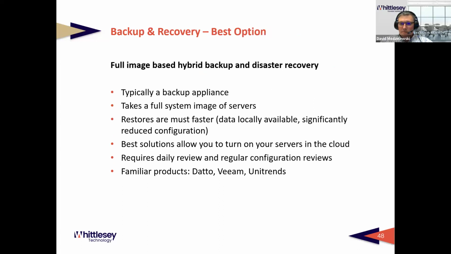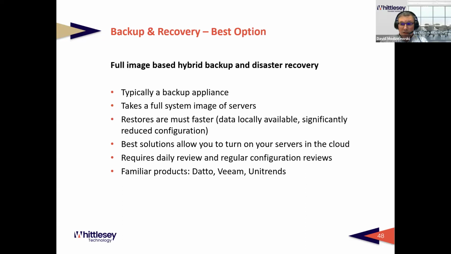And then going on to the full image-based hybrid backup and disaster recovery system, which typically takes an appliance that sits on site and takes a full image of the servers as they're configured, and restores can be much faster. The data is locally available and significantly cuts down on configuration time if you do have to recover from a ransomware event or even just a hardware failure that destroys your current servers.